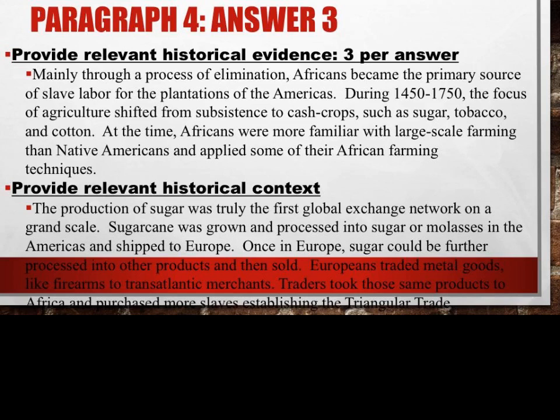So, here's your historical context for the agriculture answer. And notice I'm sticking all within the same theme. I didn't just pick random different locations all over the place. Even though it was an open-ended question, I've got a connection working here with slavery and agriculture within this time period.